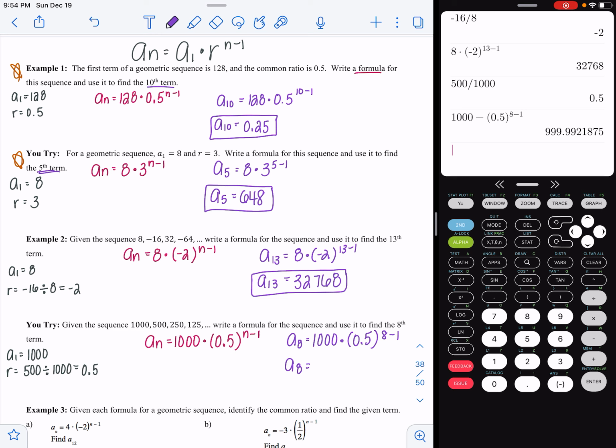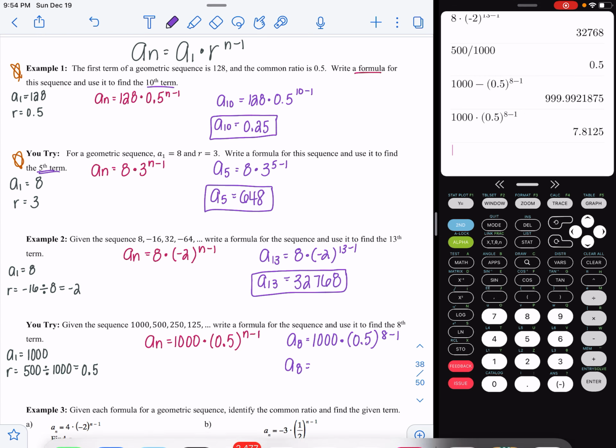Well, we get a crazy number, and that's okay. Oh, no, sorry, I messed up. I put minus. This was supposed to be times, and that happens to us. 7.8125. See, I make mistakes too, but it's important that we catch them. Okay, so that's all we've done.